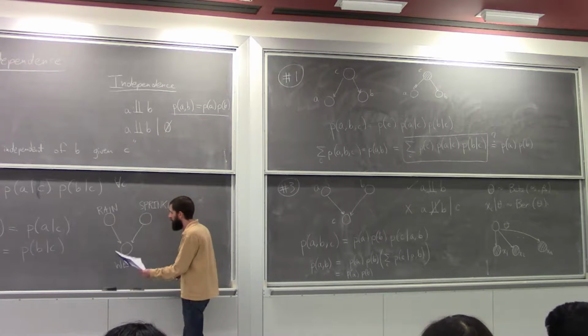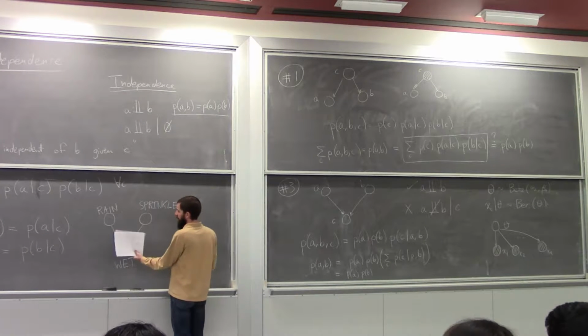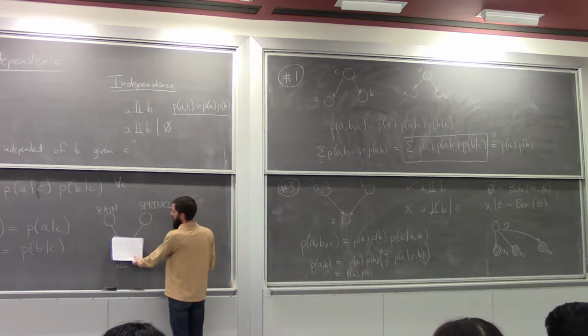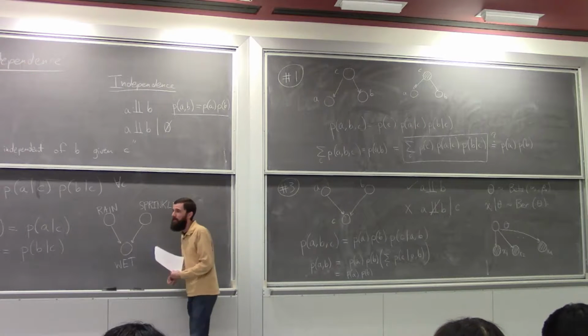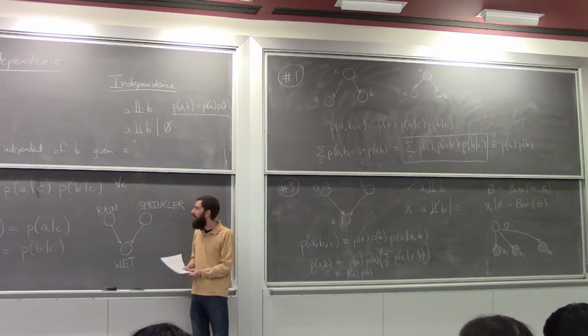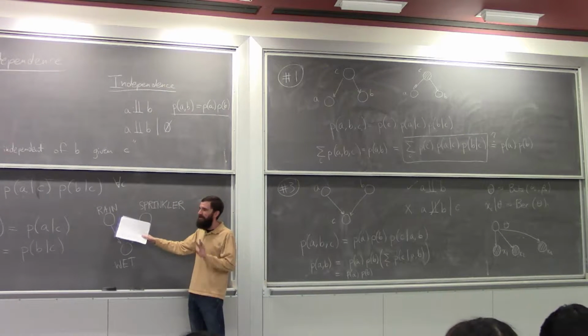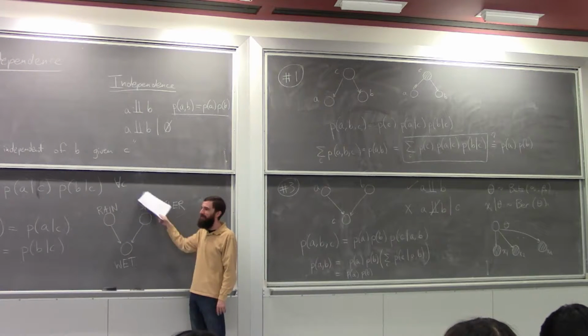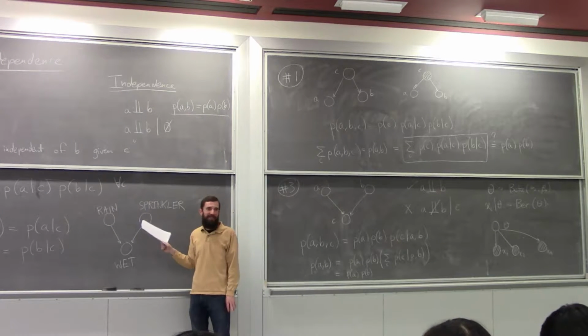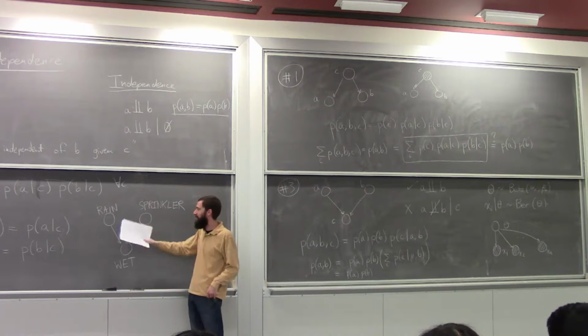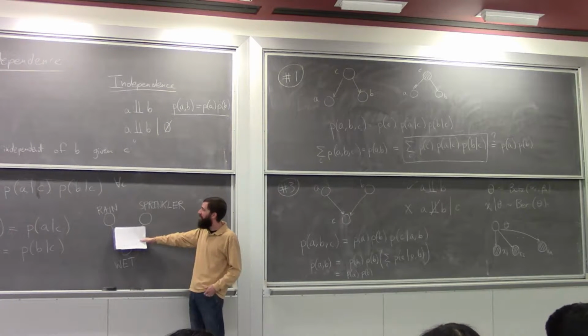And notice, if I were to integrate out, marginalize the grass being wet or not, this is where I have to remove that other random variable because that linked these two. But let's assume a simpler case.